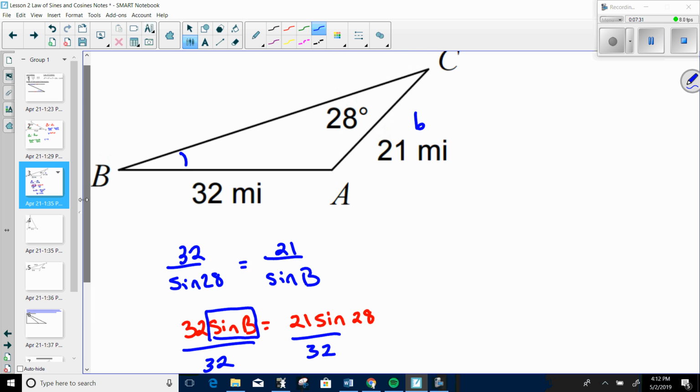So if I know that that's 17.94, then I can figure out this angle right here: 180 minus those other two. Let me get a calculator. I guess I can use this one.